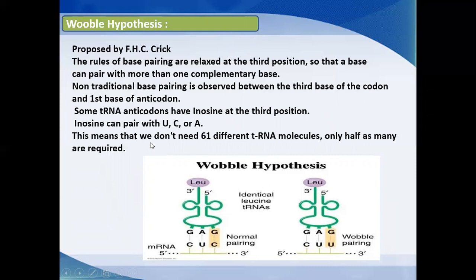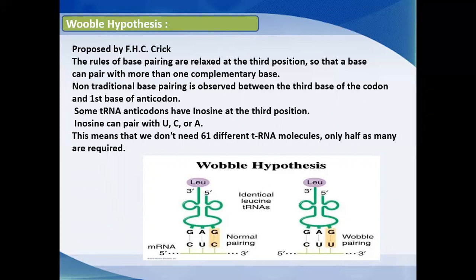This means that we don't need 61 different tRNA molecules, only about half as many. Generally 61 sensible codons are there, and in the same way 61 tRNA anticodons would be expected, but the number of tRNA molecules is less than the number of sensible codons.